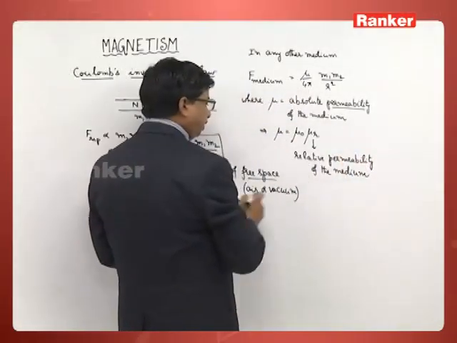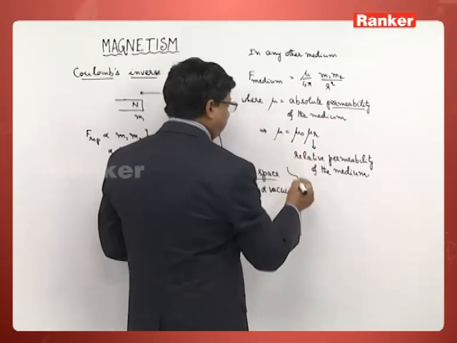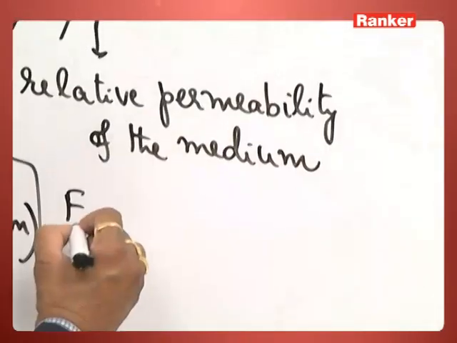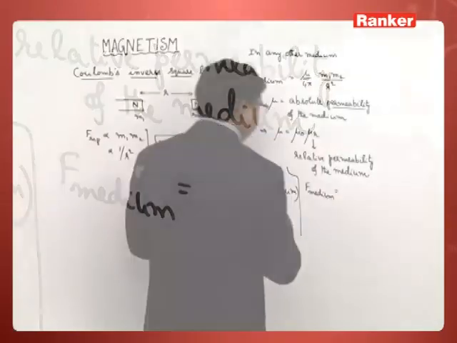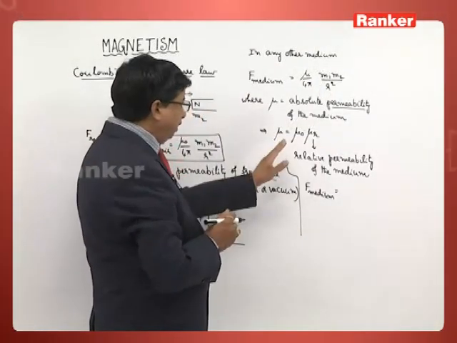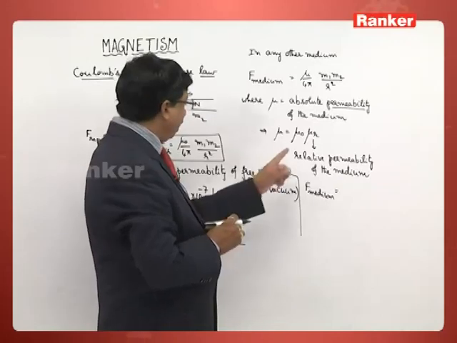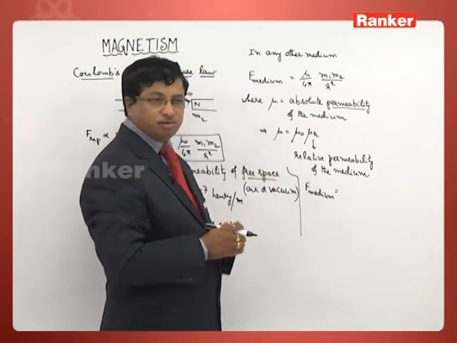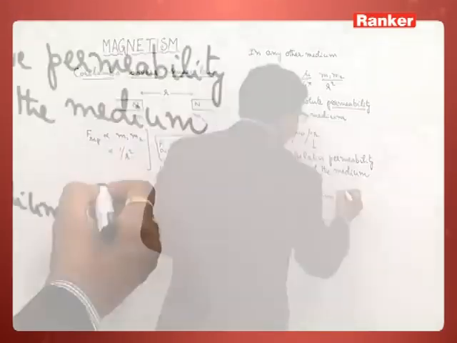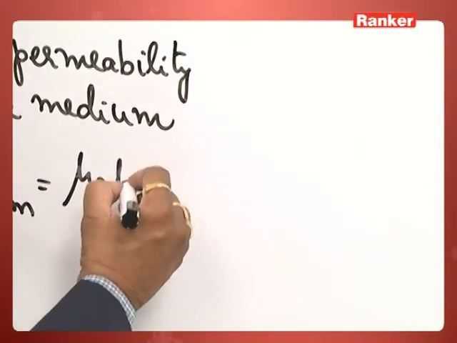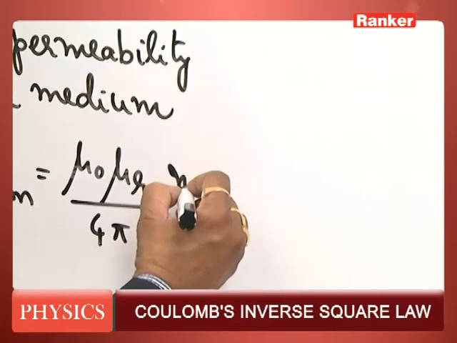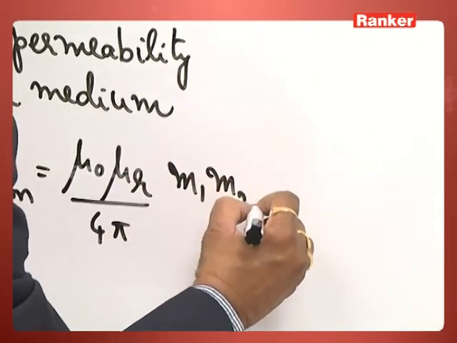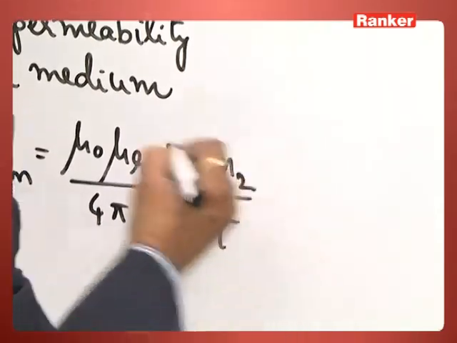Just writing that formula, we can directly conclude this way: the force between the poles when separated in a medium other than free space, we can rewrite the same formula as mu naught mu r by 4 pi into m1 m2 by r square.